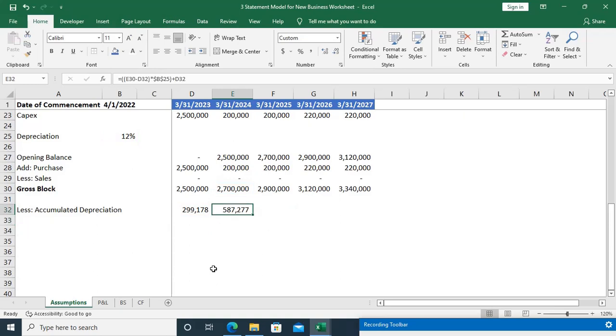Probably you are still confused with the calculation, so let me show you now with the help of only the depreciation account. Then I will show you the accumulated depreciation part once again. Probably that way it would be much more understandable for all of you.